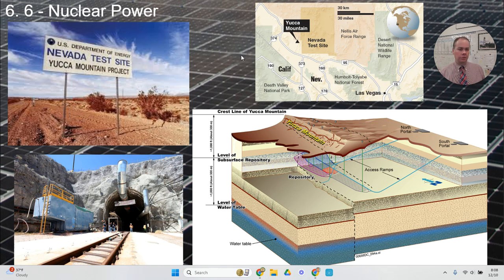We won't get into all those details here, but it basically has never functioned. It's not built, and so currently in the U.S., high-level waste has to be stored on site where the nuclear power plants that generate that high-level waste are. They're stored on site, encased in concrete or put in vaults, but there's no overall repository to store all of that material in the U.S.